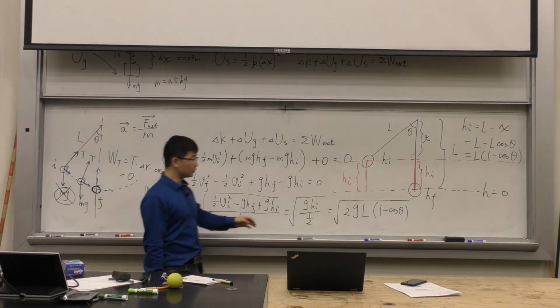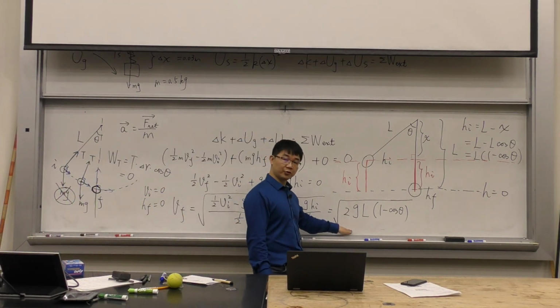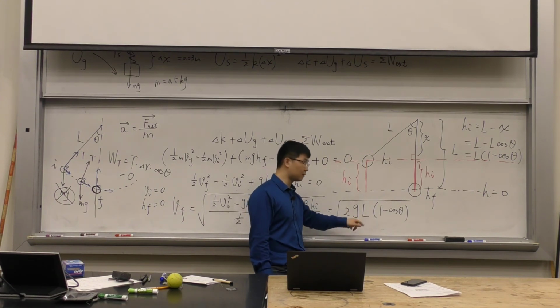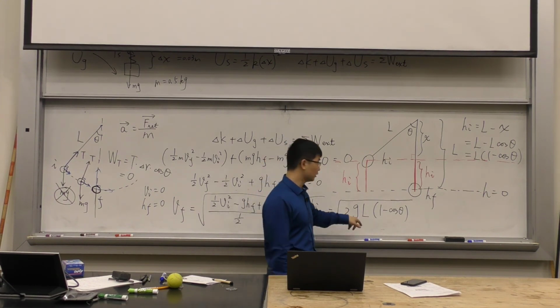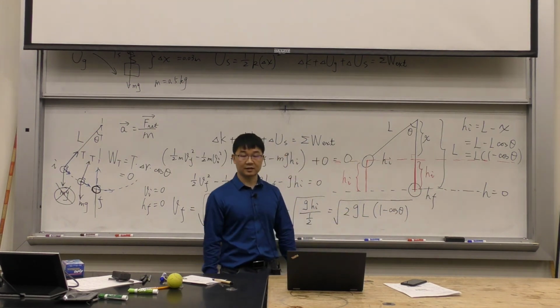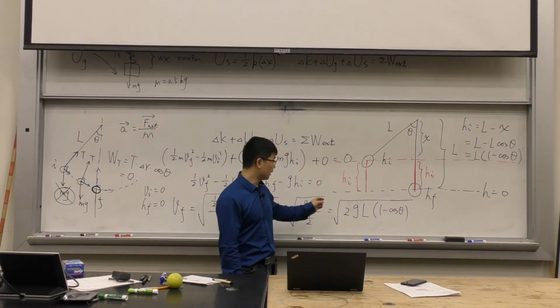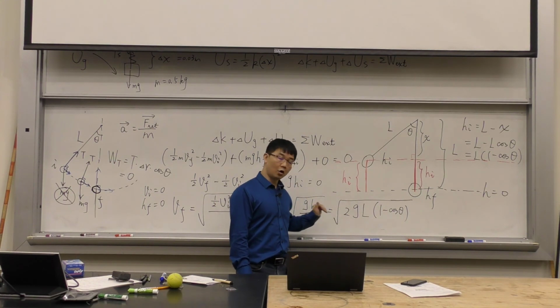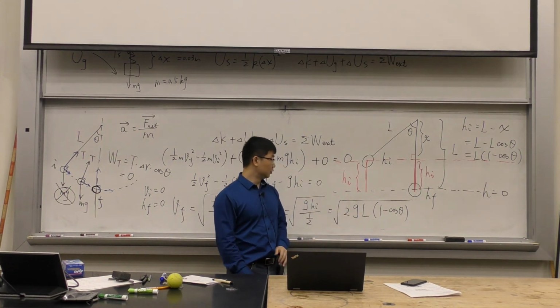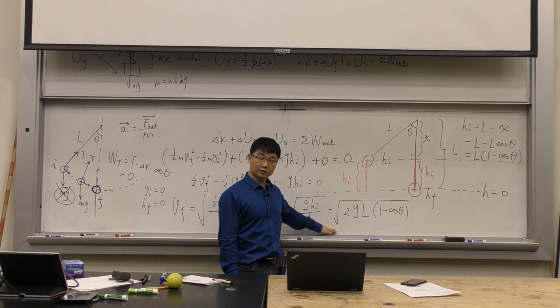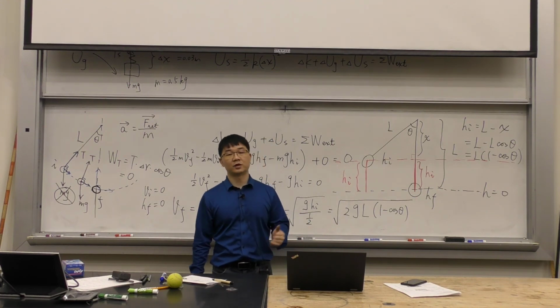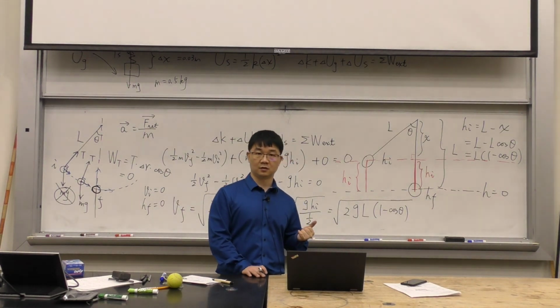You can always use this expression to predict the speed at the lowest point. All you need is the length of the string and the theta angle, the release angle. So I pick an L, I pick a theta, and I can make a prediction using this expression. And I can do an experiment to test this prediction.